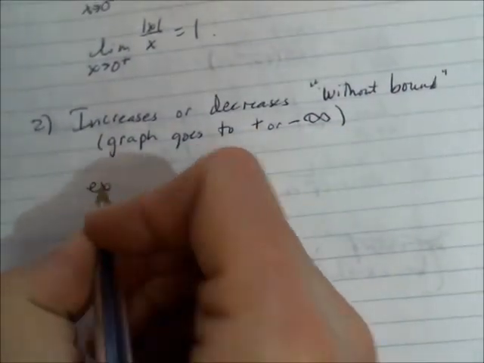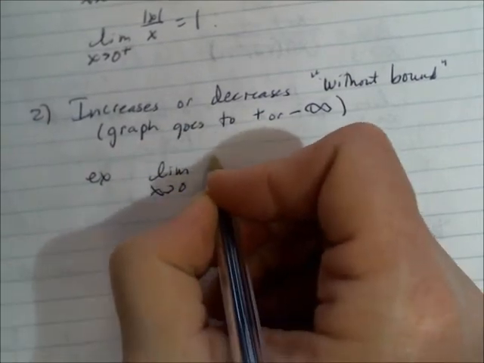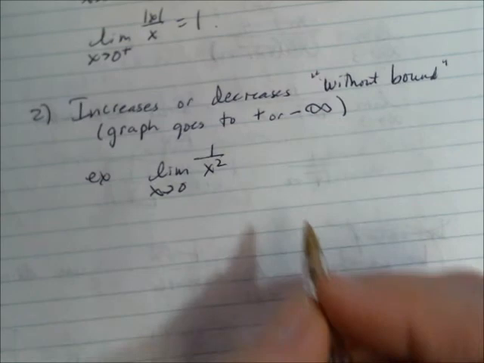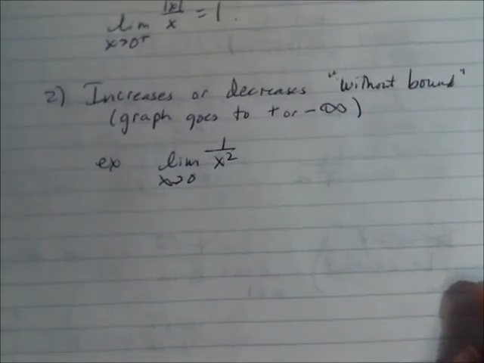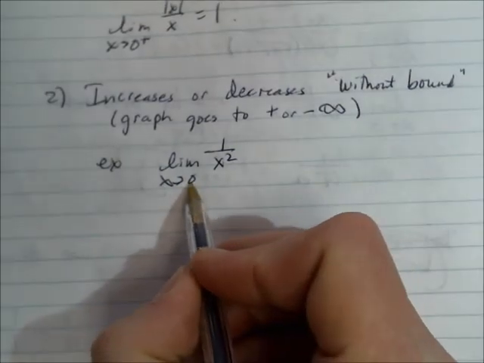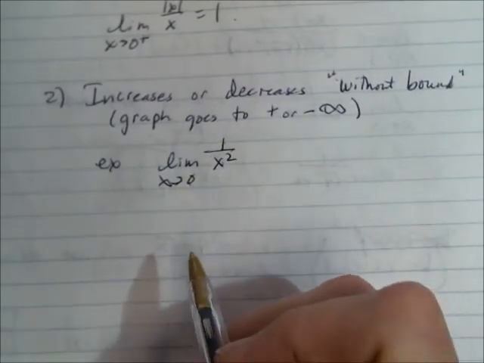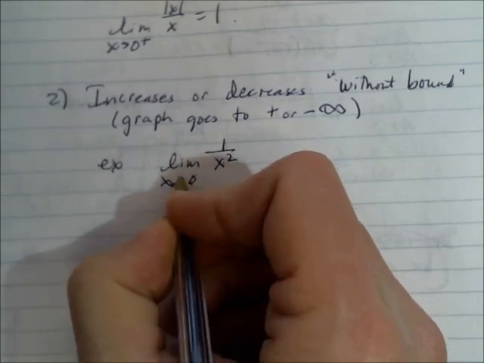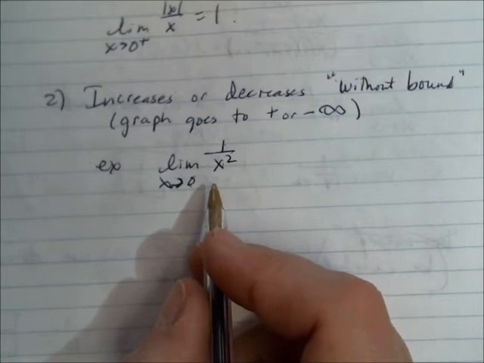So for example, if you're trying to find the limit as x approaches 0 of 1 over x squared, or it could be 1 over x, it really doesn't matter. If you use direct substitution, you would get 1 over 0, which is undefined. And there's no analytical technique to simplify this down.